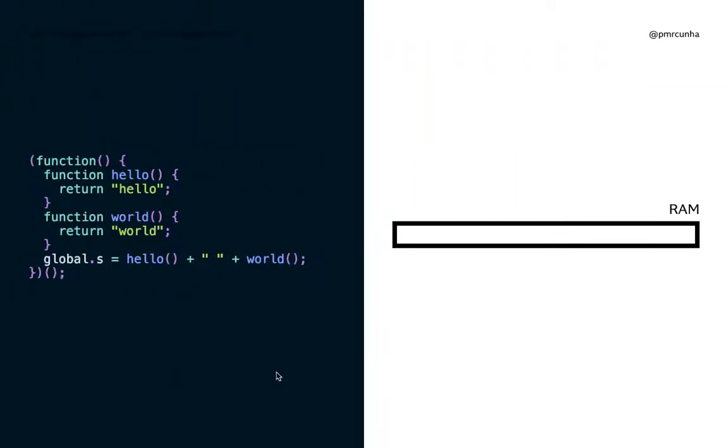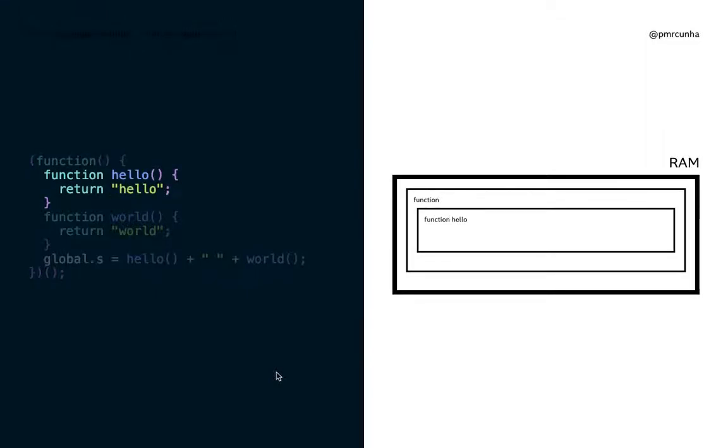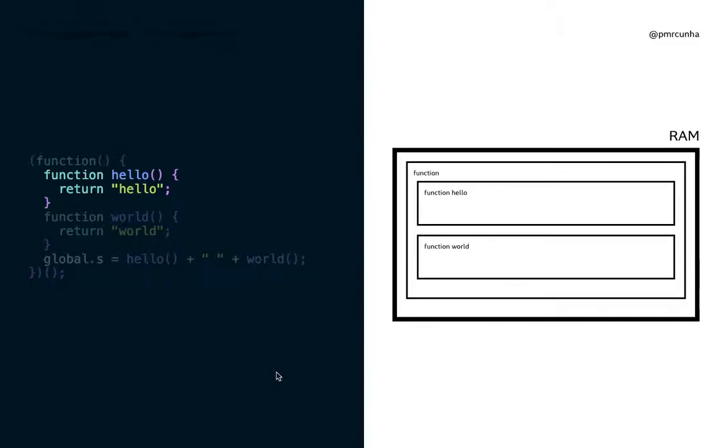So here, for example, we have a very contrived hello world. It's an IIFE, right? So it's going to execute immediately. So it is initialization code. Once it's running, first you find this function. It has to be allocated somewhere. There's another function declaration, which is allocated as well in this scope.